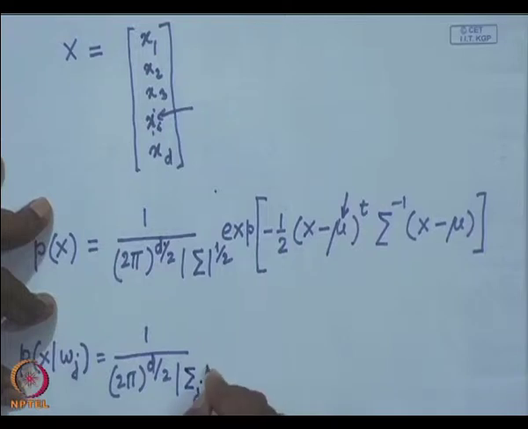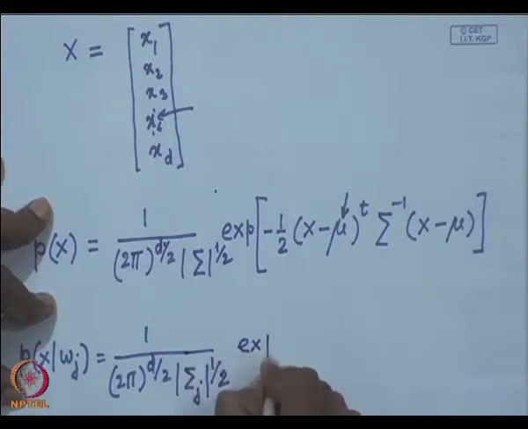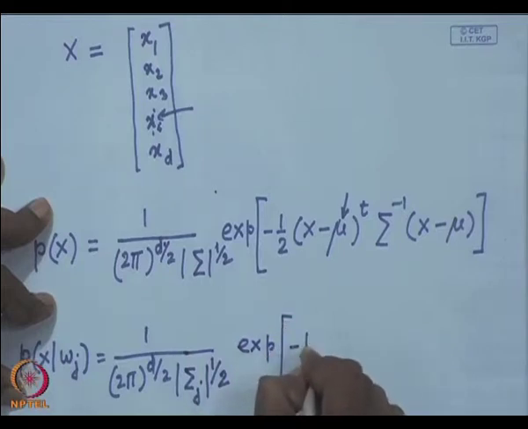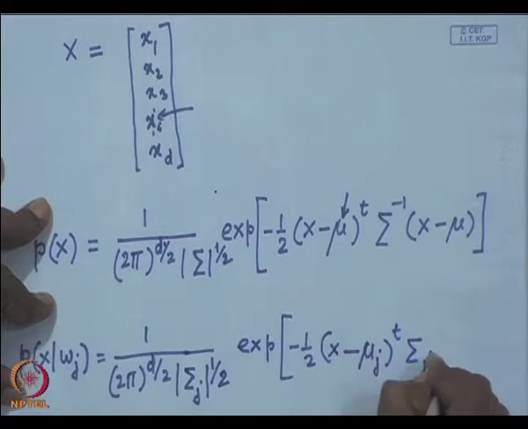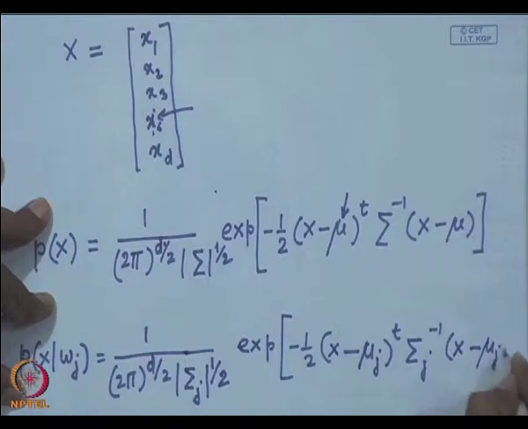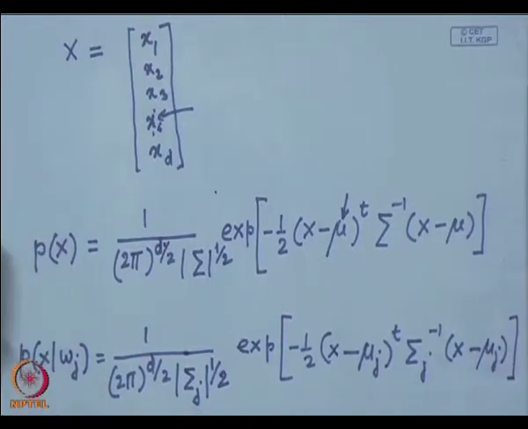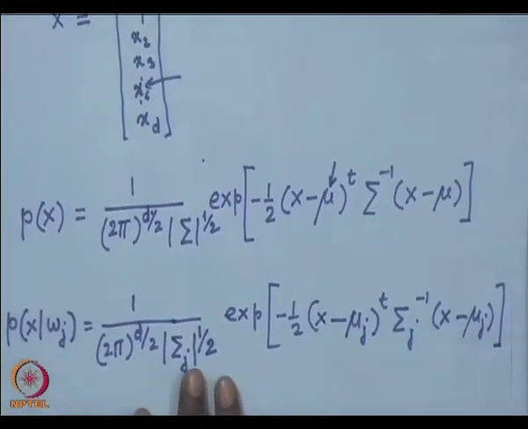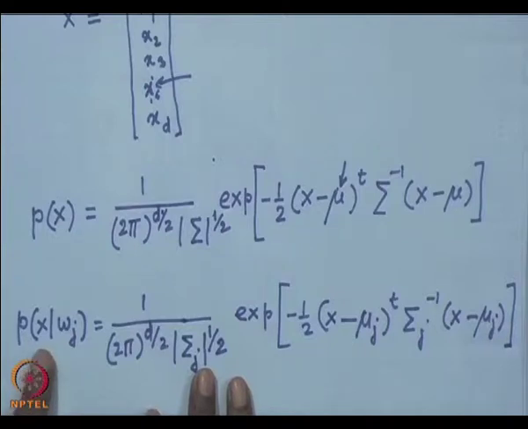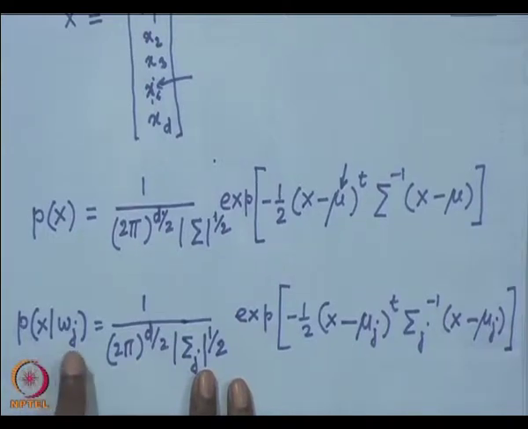So, it will be determinant sigma j to the power half, and the exponential term will simply be minus half into x minus mu j transpose sigma j inverse x minus mu j. Okay. So, this will be the expression of the class conditional probability density function for all the vectors x or sampled vector x taken from class omega j.